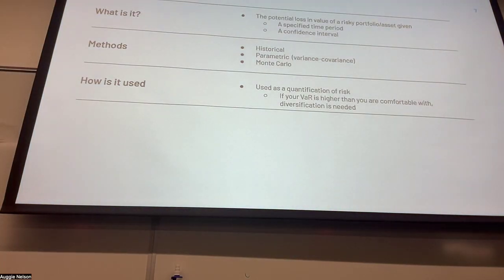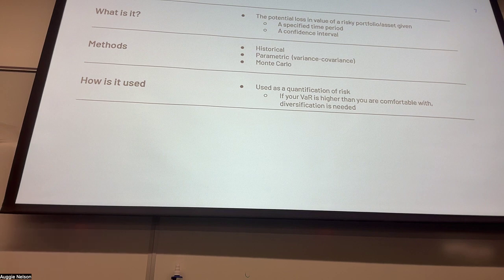Okay, so value at risk is a measure of the potential losses of a risky portfolio or asset given a specific time period and a confidence interval. So let's say, and we'll get to actual examples, our portfolio is worth about $35,000 right now.